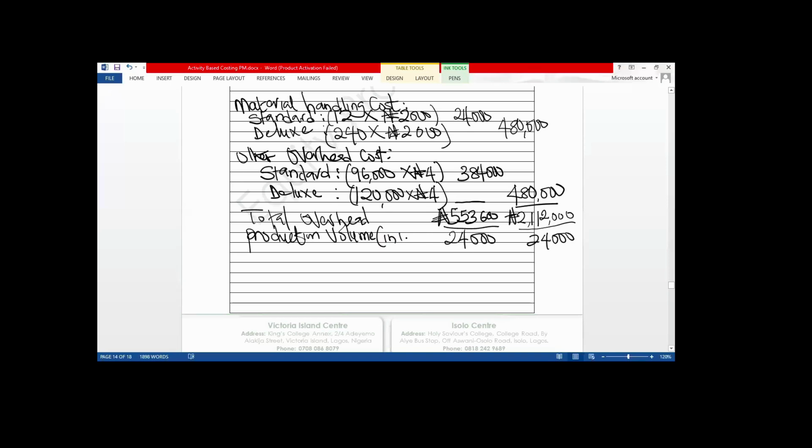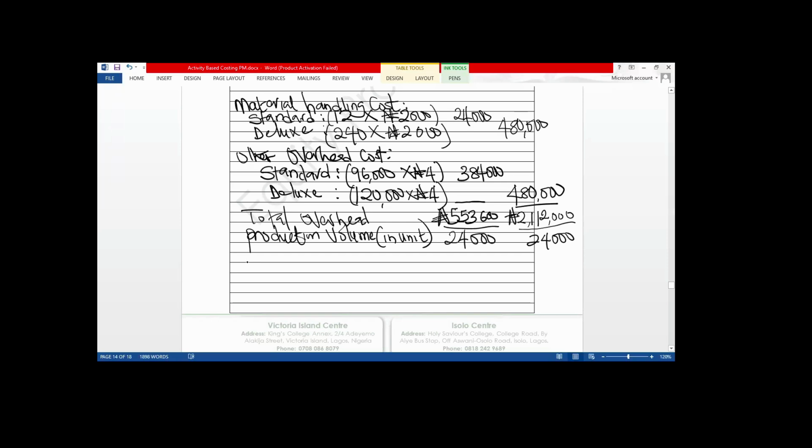This is in units. You now divide 553,600 divided by this.